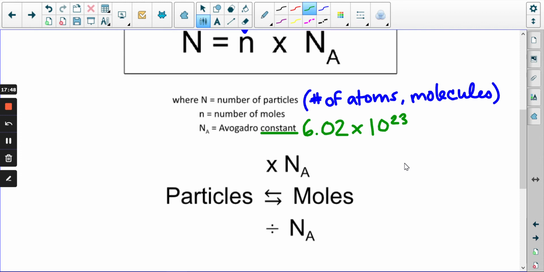Another way this same concept could be written is that the number of moles, lowercase n, is equal to capital N, the number of particles, divided by Avogadro's constant. All of these different ways are really just describing the exact same relationship.